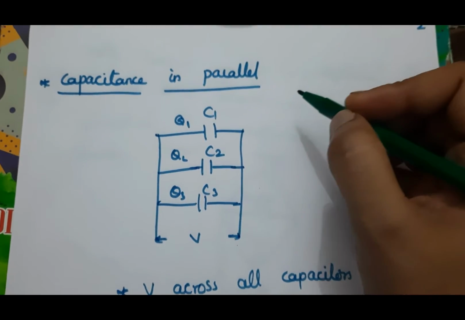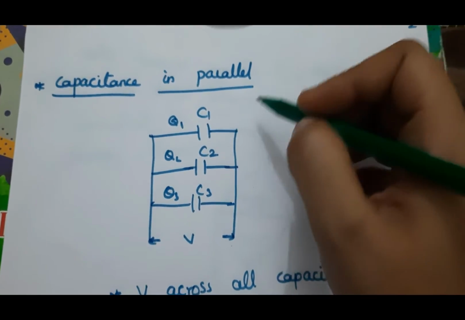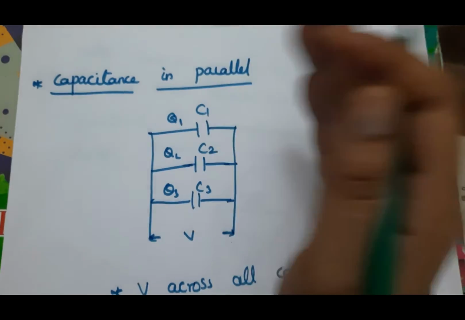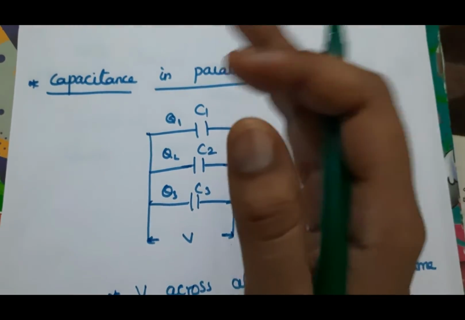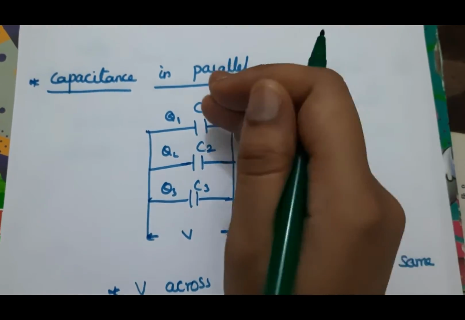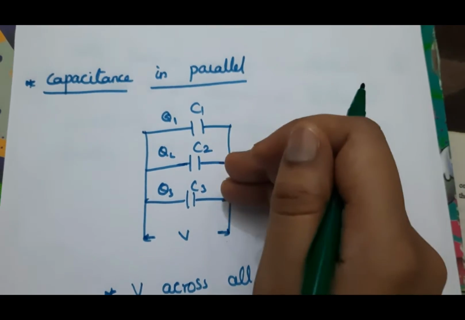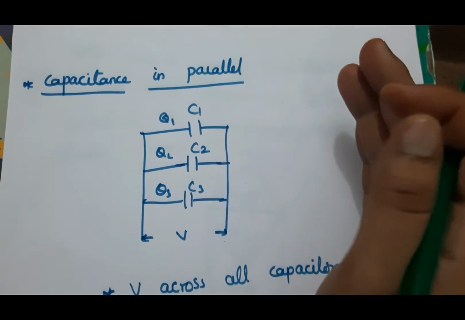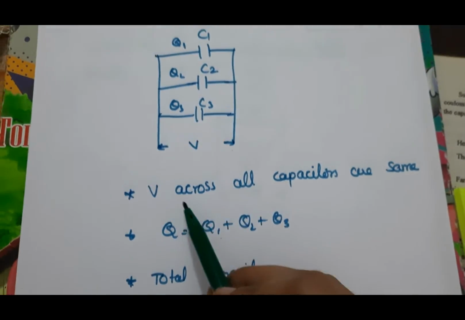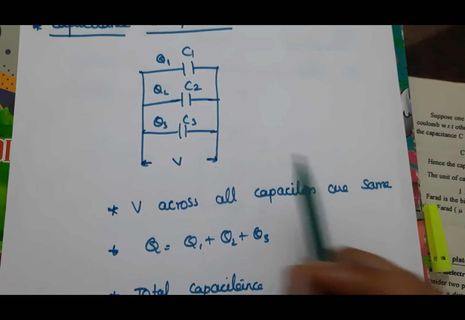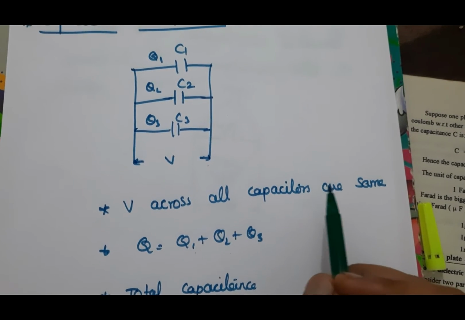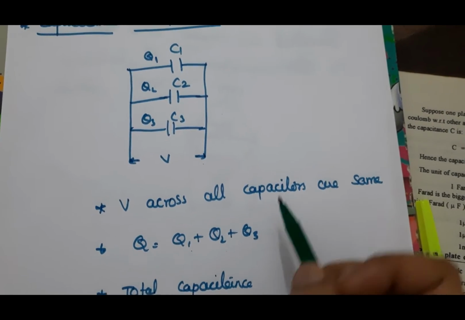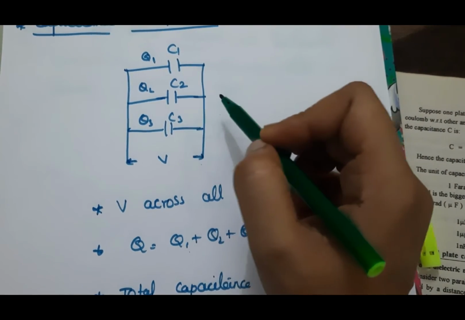Next we see about capacitance in parallel. In series connection, Q is the same for all capacitors and V is different. Just opposite to that, in parallel connection Q is different across each capacitor, and the voltage across all capacitors is the same. The total charge is Q equal to Q1 plus Q2 plus Q3, since the charge across each capacitor is different.